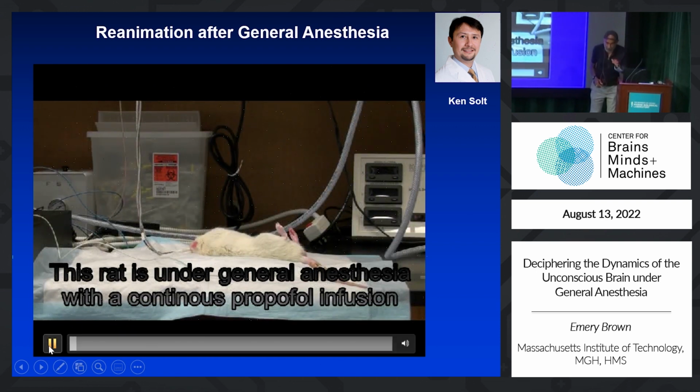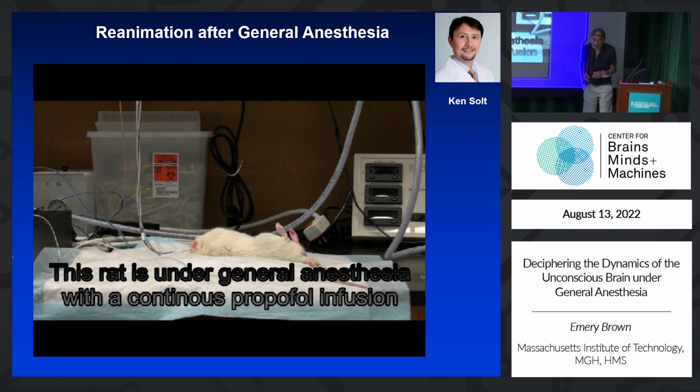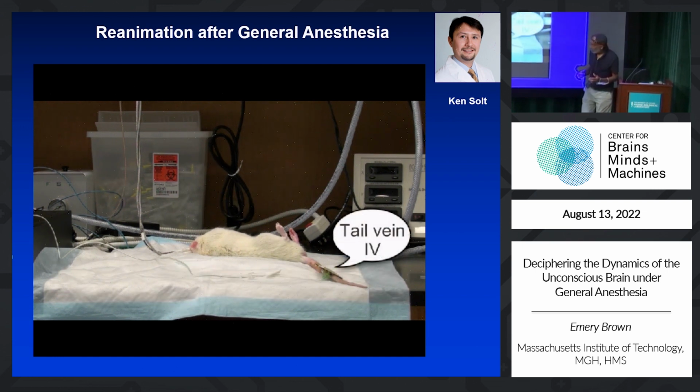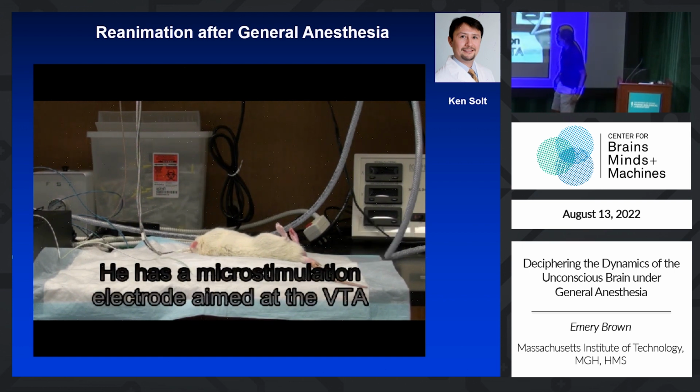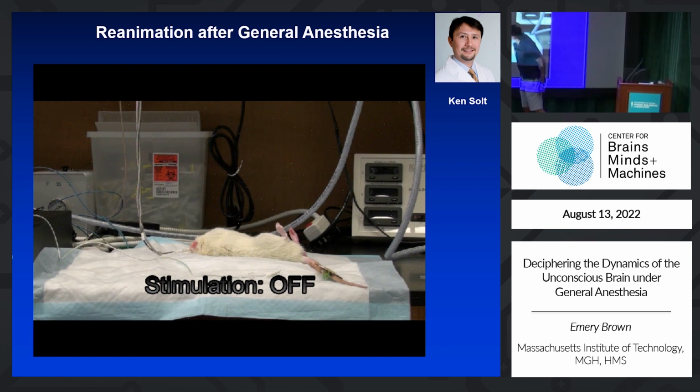He's going to stimulate his ventral tegmental area. This is equivalent to giving something like Ritalin. Ken has done Ritalin as well as VTA stimulation. So he has an IV in his tail vein, and this is the propofol. Propofol is white. It's running into his tail vein there. And watch right here when he turns on the microstimulation. Watch his breathing right there.